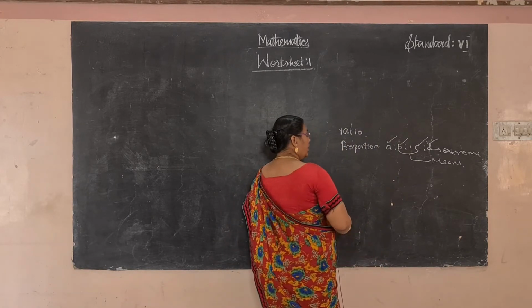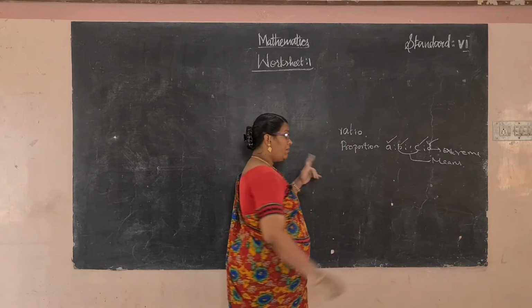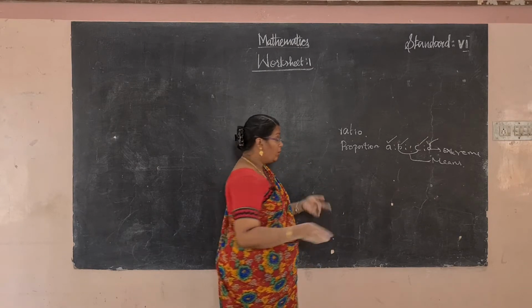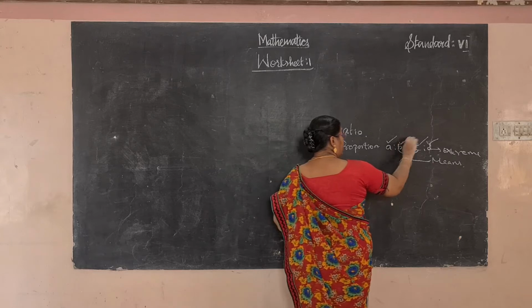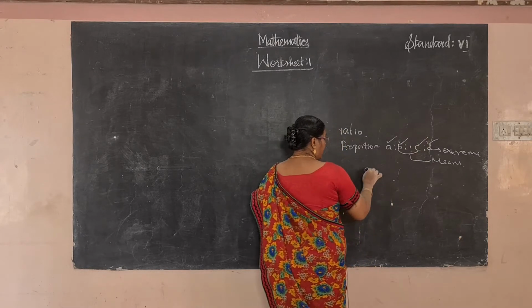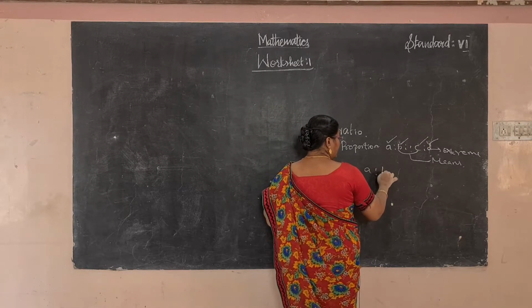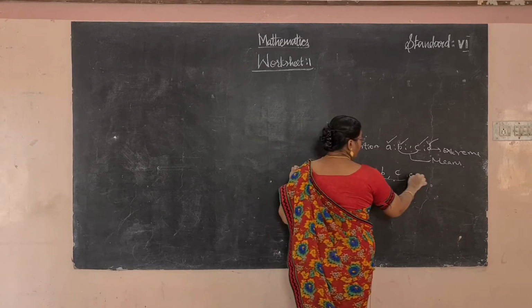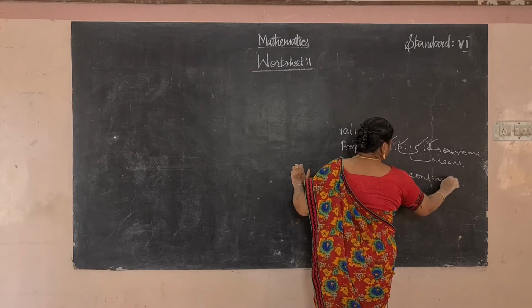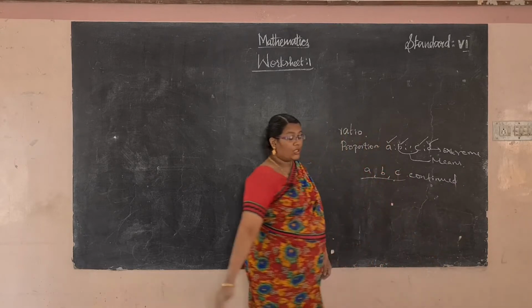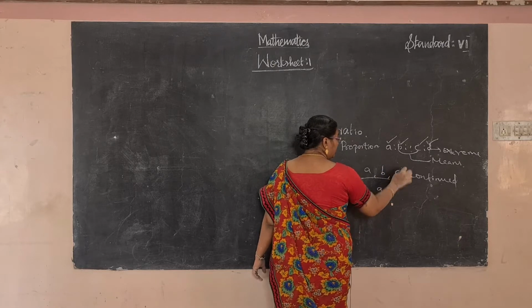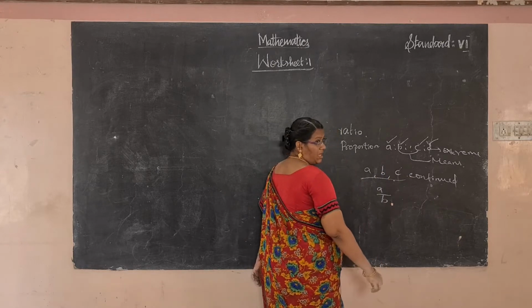If A, B, C are in continued proportion, the second term and third term are the same.